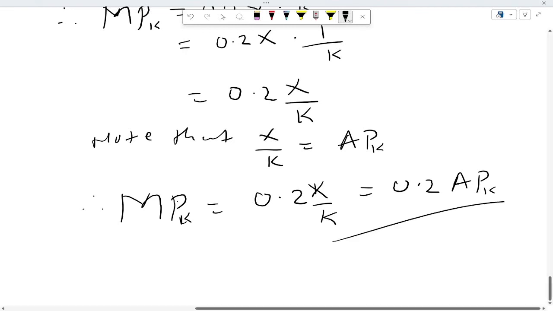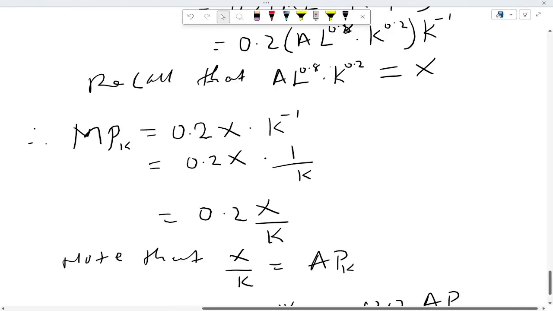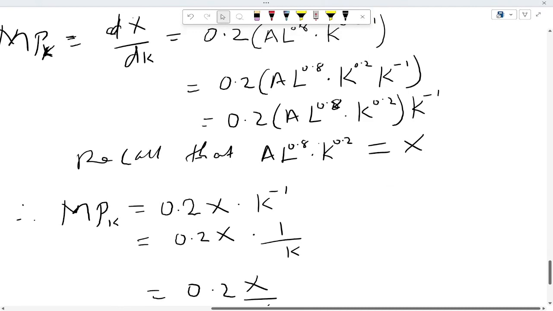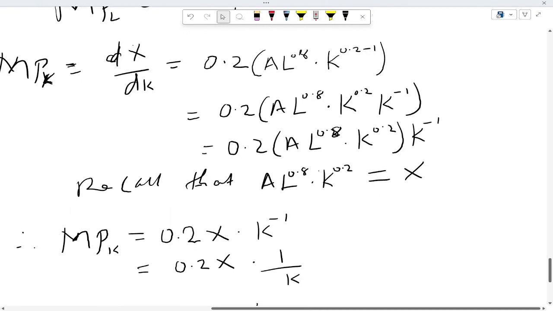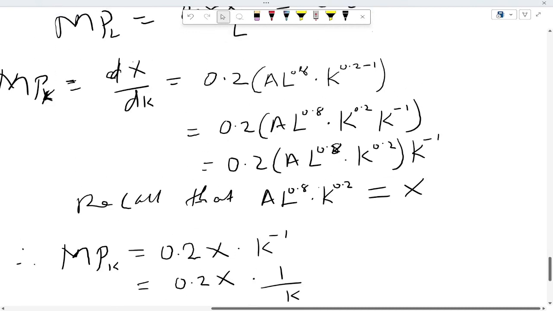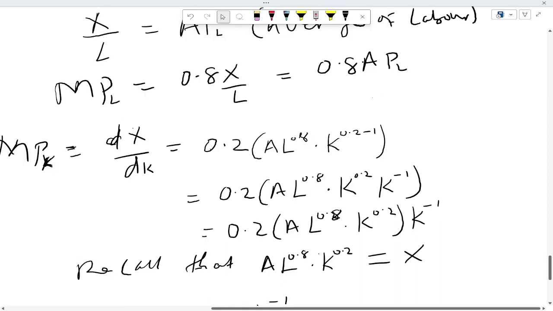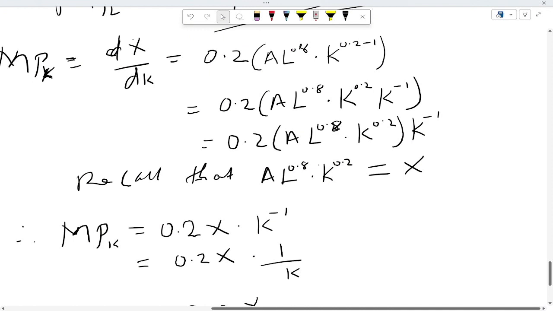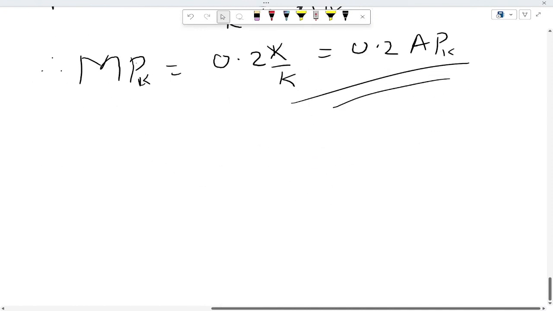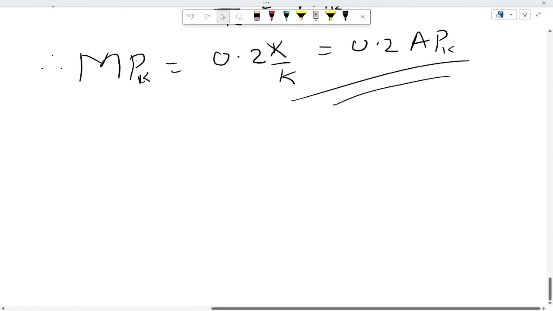So you can leave it like this. You can also leave this like this. So that is your MPK and that is your MPL.